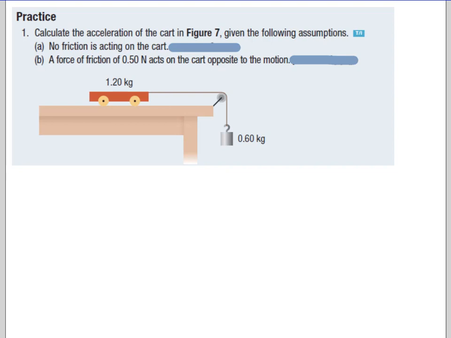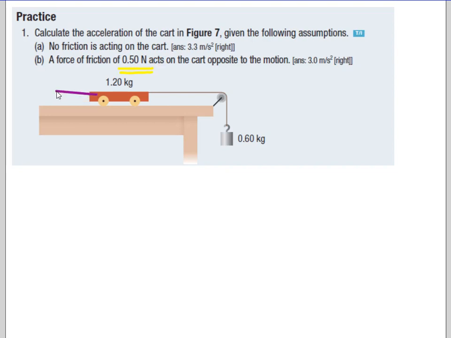Hopefully you had a chance to try it. The answer would be 3.3 meters per second squared for the acceleration. If you add the friction piece in there, just so we're clear, this little friction piece right here changes the free body diagram.